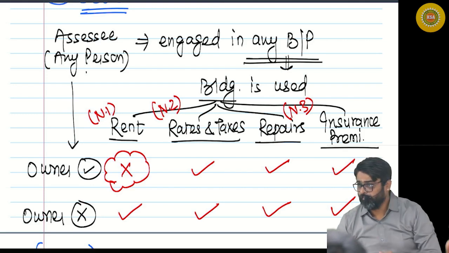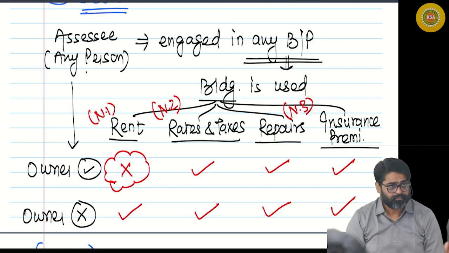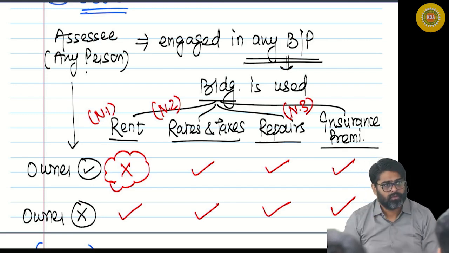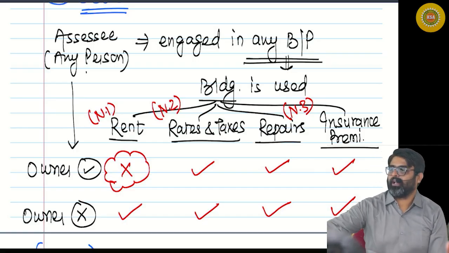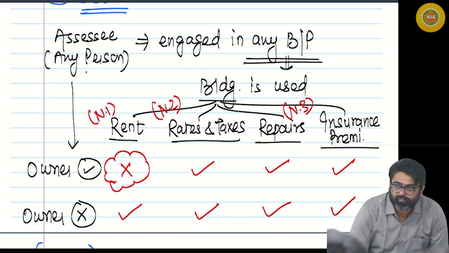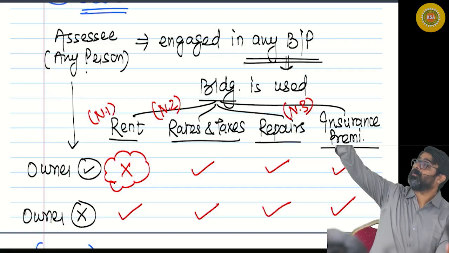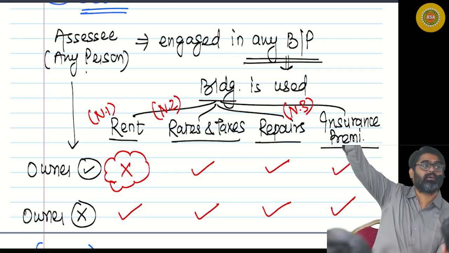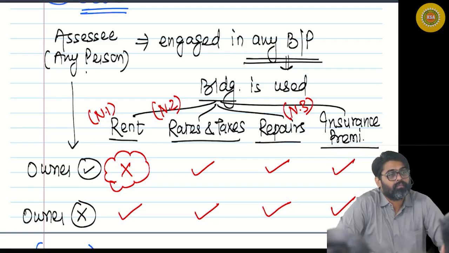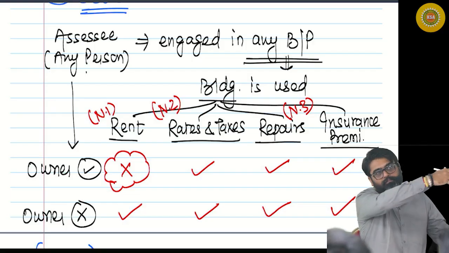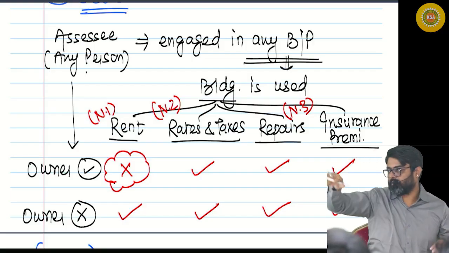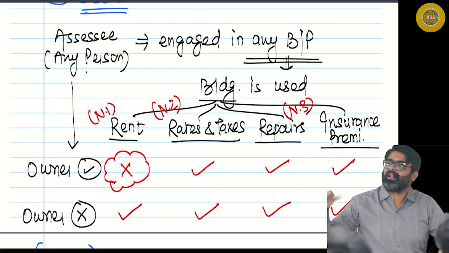For example, if I talk about this building, a small tile is there. See, this tile has broken, or there was some leakage in the ceiling. Yes or no? Or the paint of the walls has become dull.